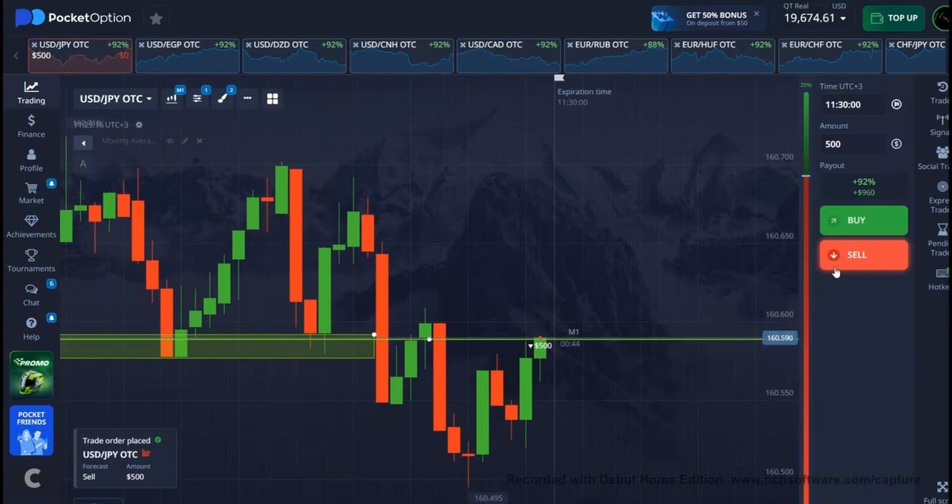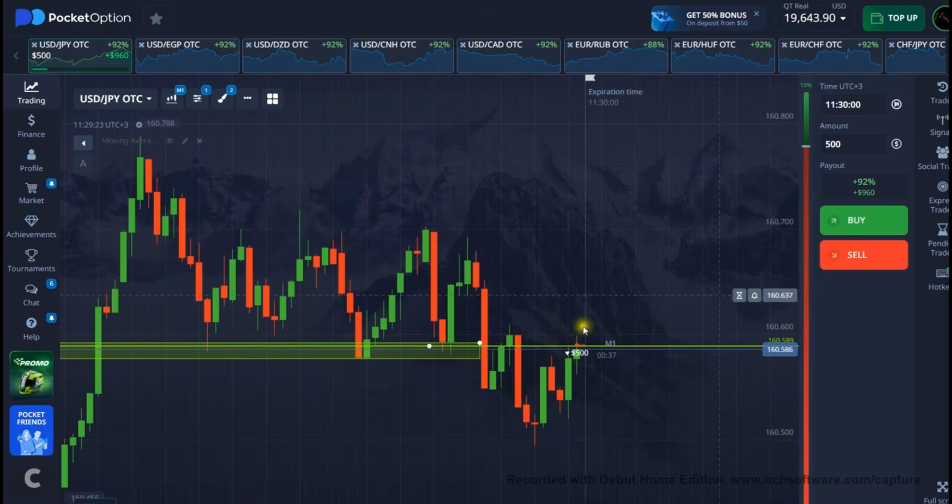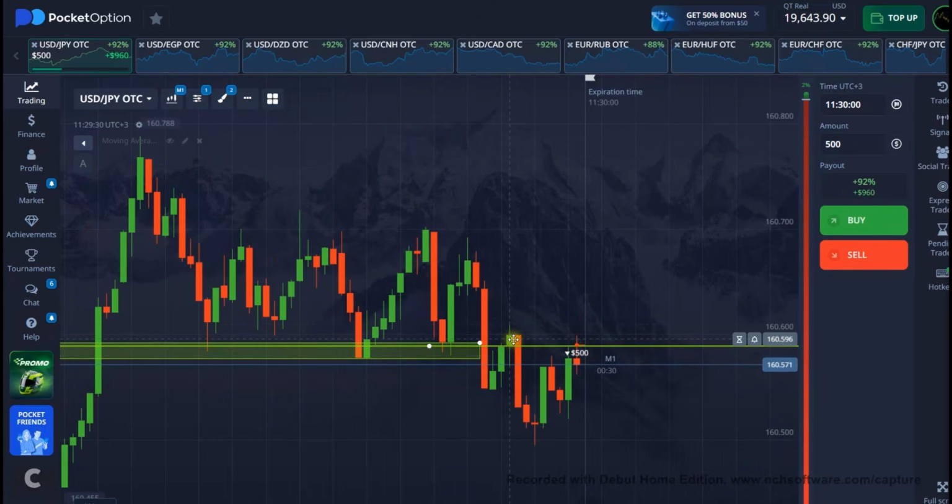Okay, I just took my trade right here with the sellers, and I'm expecting sellers to get in. We have this supply area formed by this strong engulfing candlestick. We also had this support area right here.